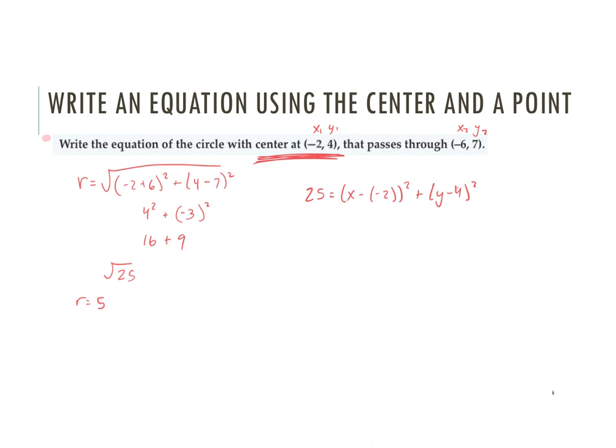Again, the equation is already negative, so I'm going to simplify this. And I have X plus 2 squared plus Y minus 4 squared. And that's our answer.